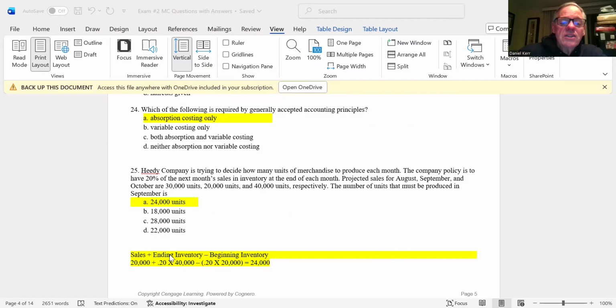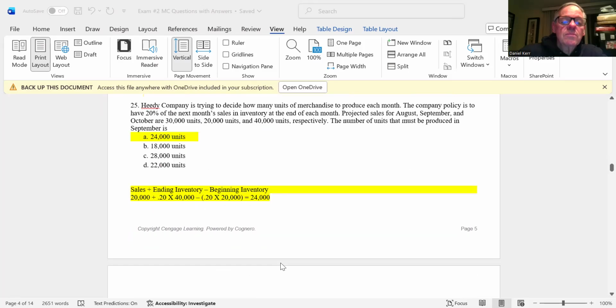Plus, we want to add that to the ending inventory, and the ending inventory is supposed to be 20% of the following month's needs, so 0.20 times 40, minus the beginning inventory, which again is 20% of the inventory from the previous month. So for the month, the number of units to be produced in September would be 20,000 plus 0.20 times 40 minus 0.20 times 20, or 24,000.